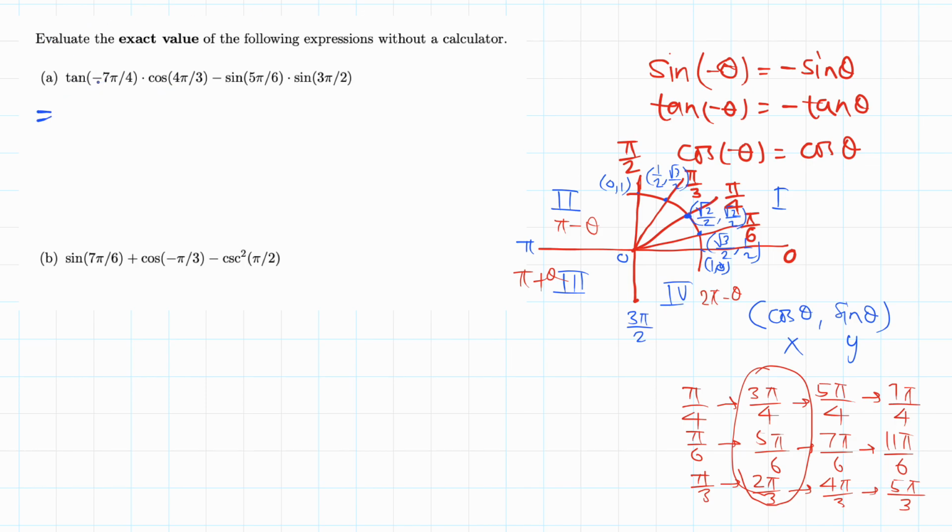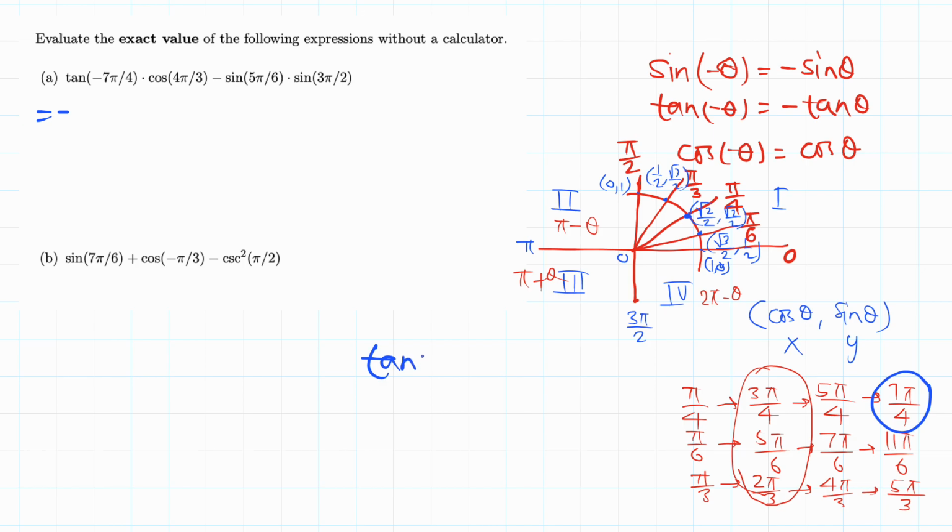Tangent of negative, we just put the negative out, and that leaves tangent 7 pi over 4. Okay, 7 pi over 4 is here, and it is related to pi over 4. So if we know tangent pi over 4, then tangent 7 pi over 4 will be the same, with plus or minus depending on the quadrant.